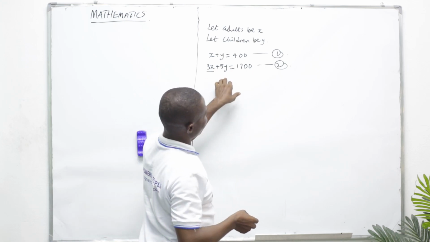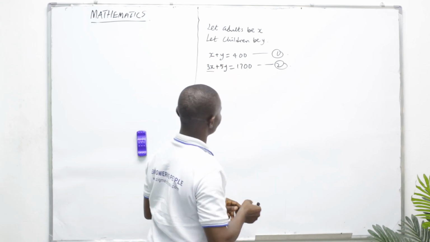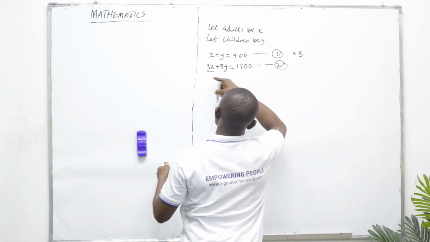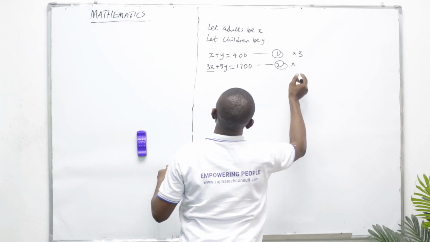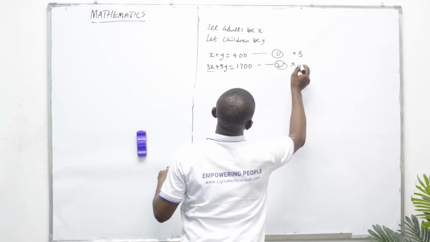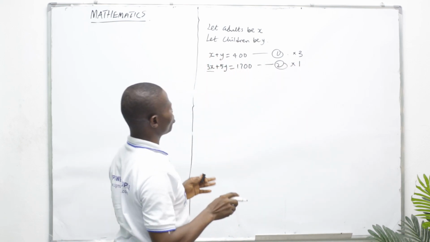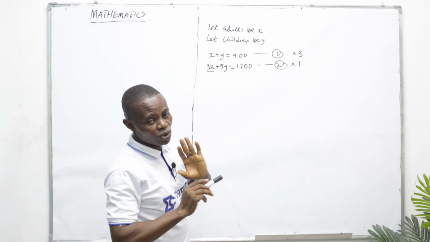The coefficient of Y in equation 2 is different from the coefficient of Y in equation 1. Therefore, equation 1 is multiplied by the coefficient in equation 2, and equation 2 we multiply by what? The coefficient in equation 1. But if you want to use Y, no trouble.